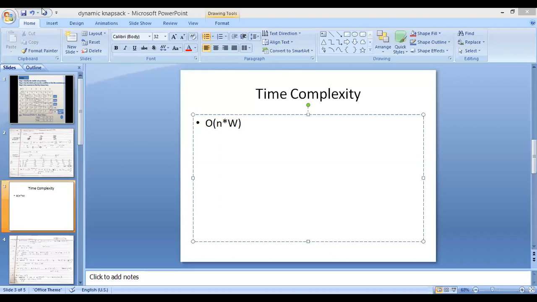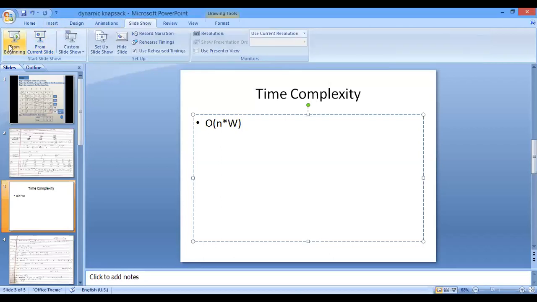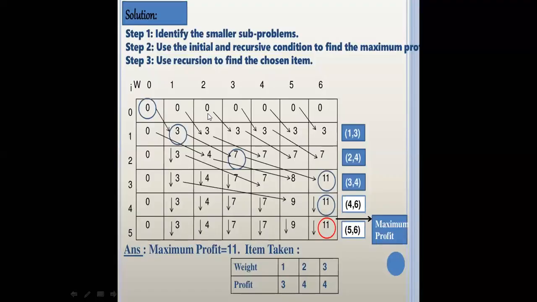Today we are going to start a new module, that is dynamic programming. First of all, we are going to see the same problem, the knapsack problem that we solved using the greedy approach, which was known as the fractional knapsack problem.